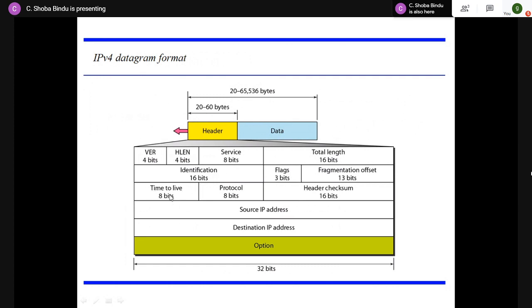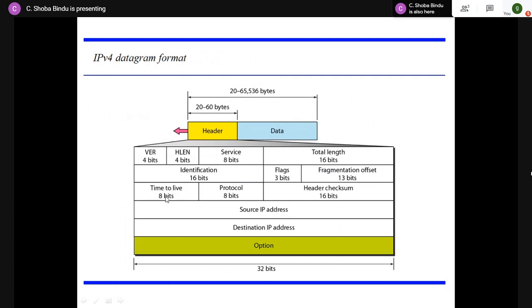So the next field is the time to live field, which is 8 bits in size. Here you are going to specify the number of hops. So how many hops this packet has before it dies, you are going to specify in this time to live. If you did not have this field, what happens?